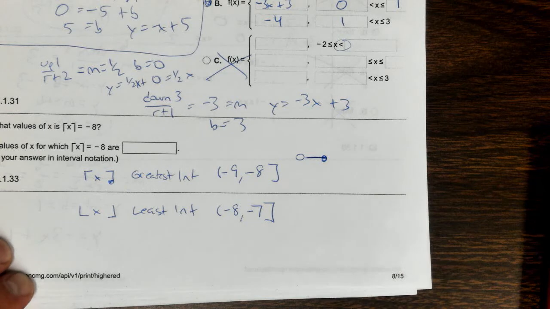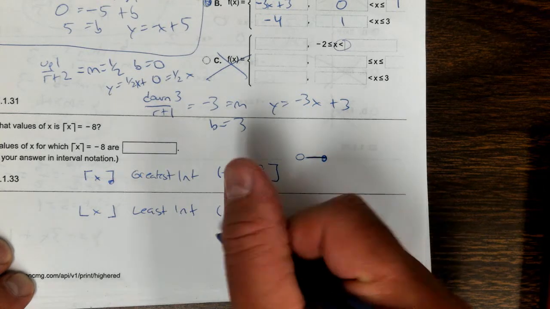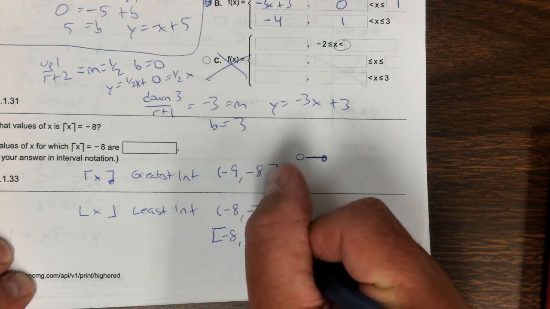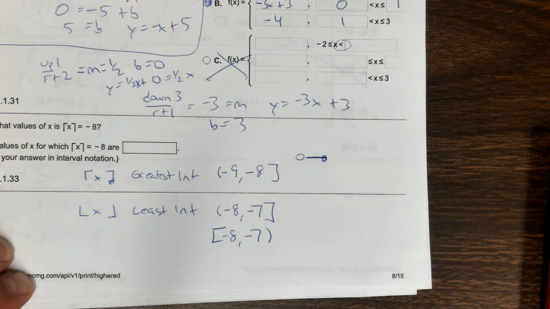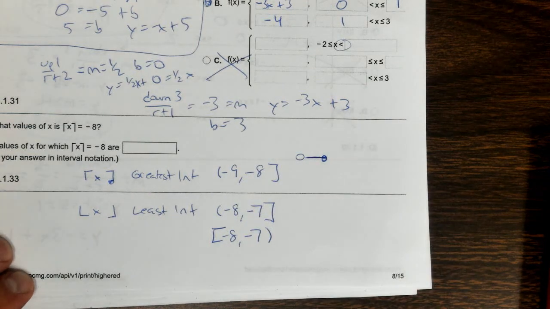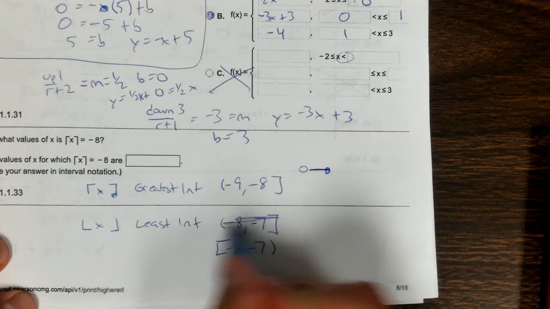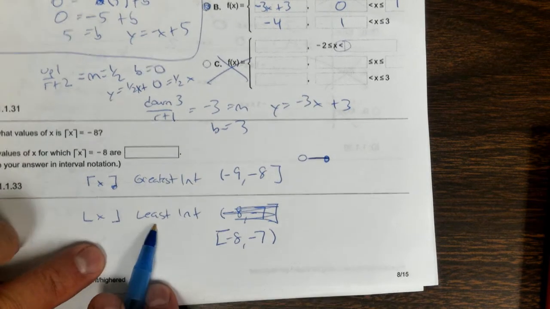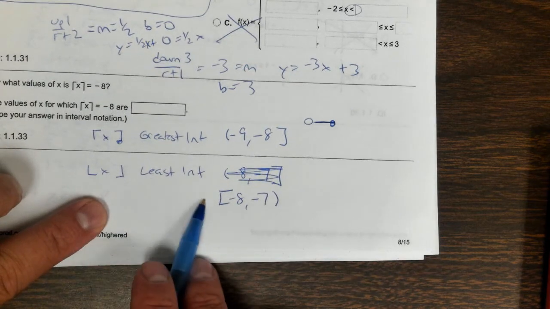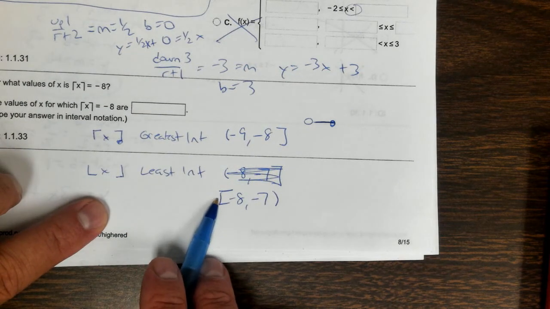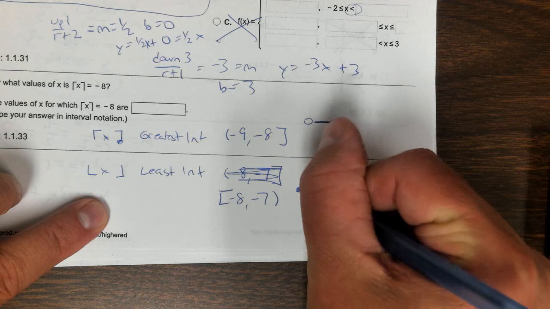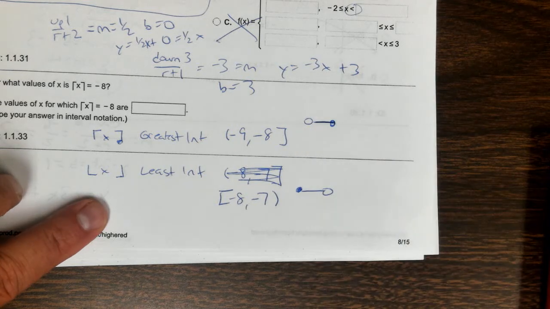Let me double check that. I think I did that wrong. I think I need a bracket -8 and a parentheses on this. I need to check that real quick. Okay, so I was right on how I fixed it. So if it's the least integer, then your bracket goes first, because it's like this and then like that.